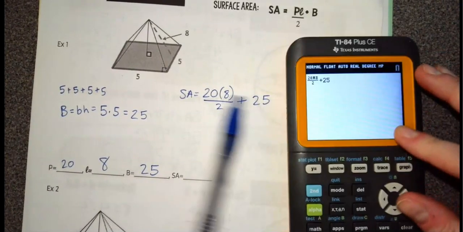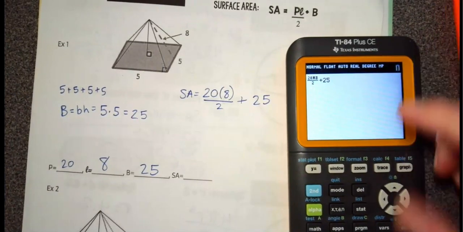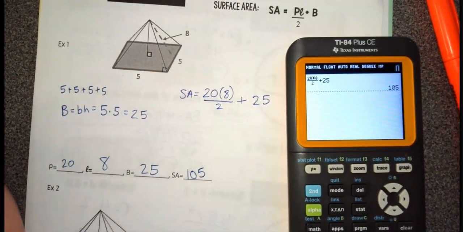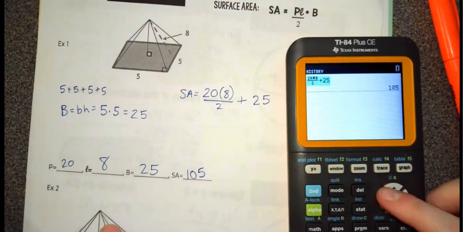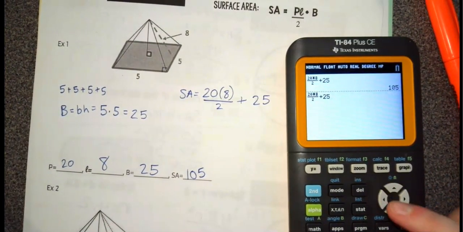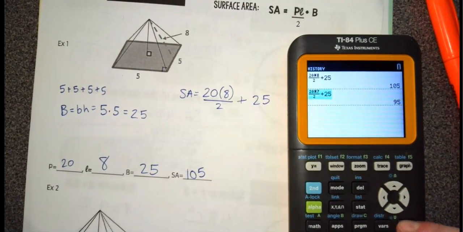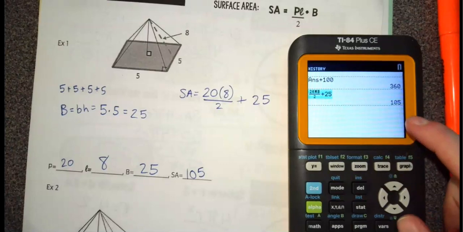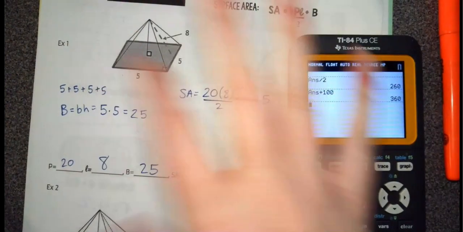It would have been 2 bases, but a pyramid has only one base. And you're going to get 105 for this one. If it ever comes out to a weird fraction here, I'll show you a different way to input that. But for now, that will work.